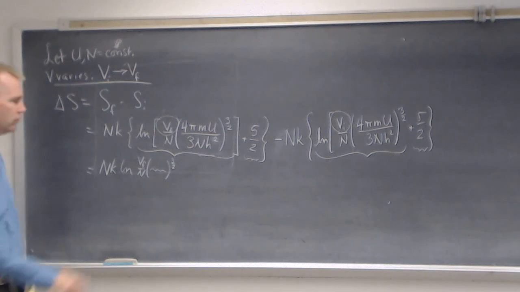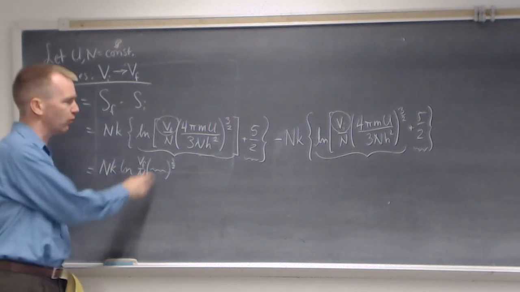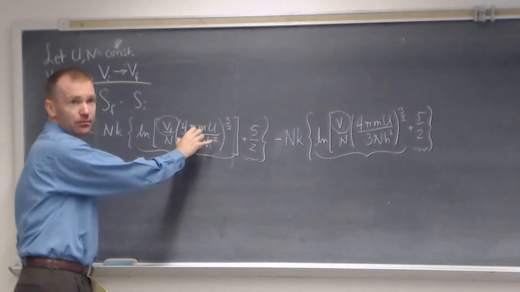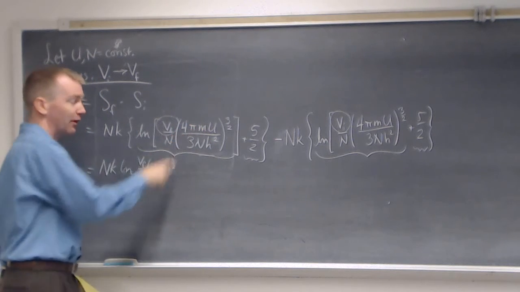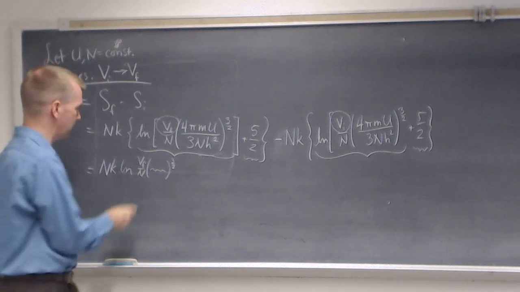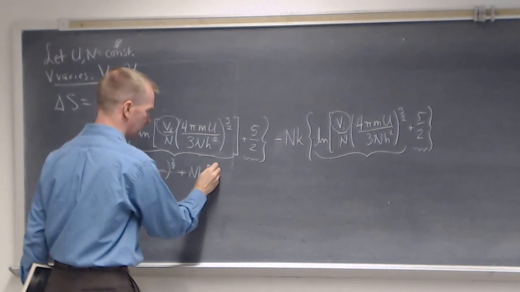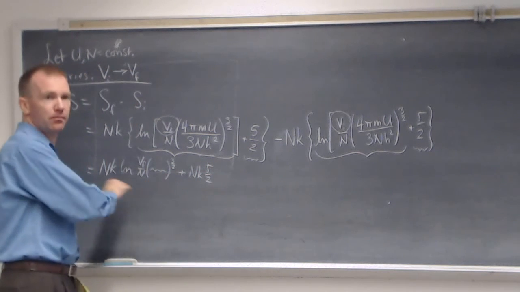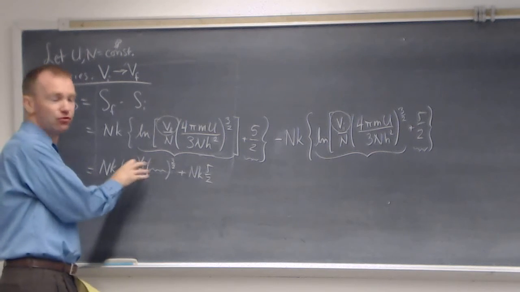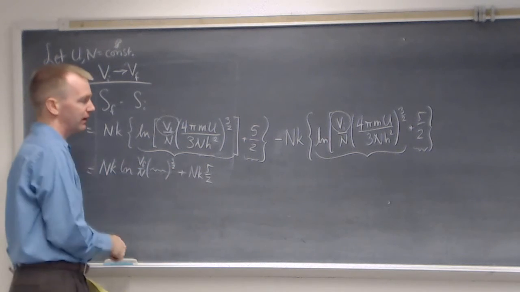I'm going to just put a squiggly line for whatever's in the parentheses here, rather than bothering to write all of that out, because it's the same in every case. All right, so I've got nk times the natural log plus nk times 5/2.